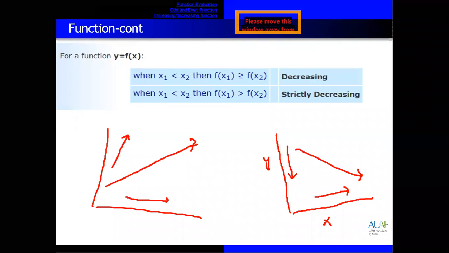You know from the law of demand that when price increases, demand decreases. When price decreases, demand increases, and it also depends upon other factors like supply and other things. But when one variable is increasing and the second is decreasing, that function is called a decreasing function, or this shows a negative relation.